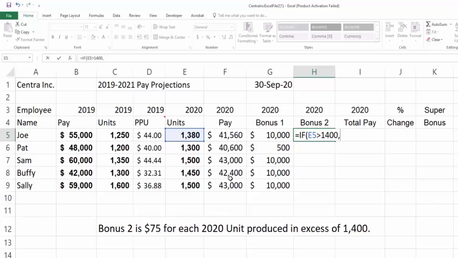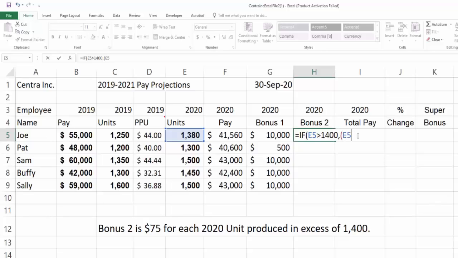Now you could put the equal sign if you want, but remember, if it's exactly 1,400, what's 1,400 minus 1,400? 0. What's 0 times 75? 0. So you don't need the equal sign. So only people whose units are more than 1,400 get the bonus, comma, right? Comma. If this is true, if the number is greater than 1,400, then give me this calculation.